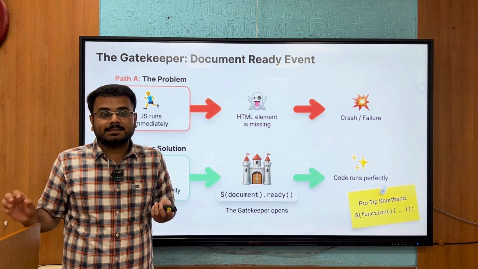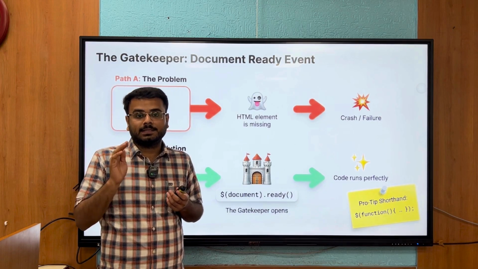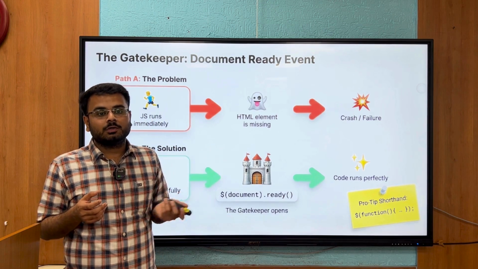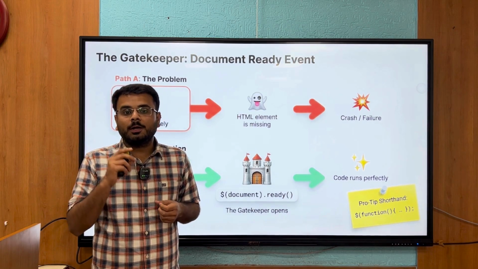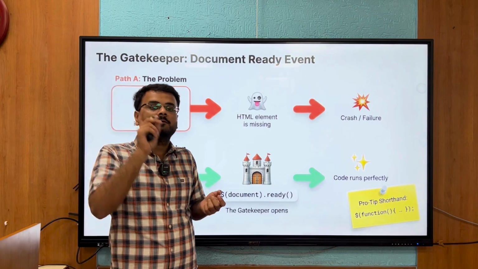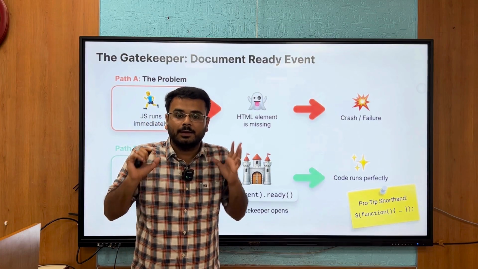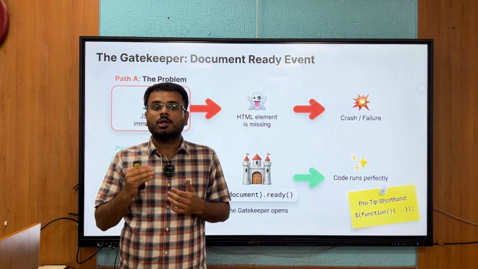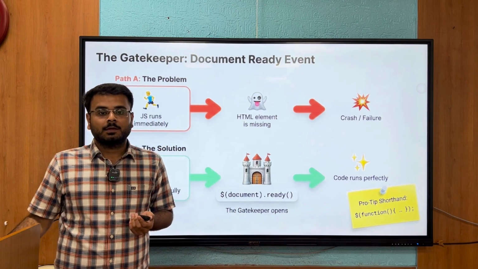To prevent this, jQuery uses what we call the gatekeeper, the $(document).ready event. This ensures that your code only executes when the full HTML structure of the page is safely loaded. By wrapping your code in this function, you ensure a smooth user experience.